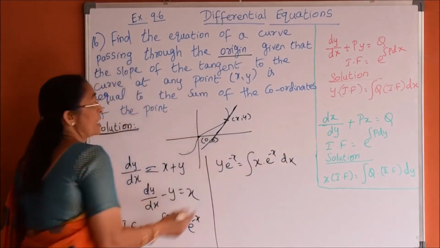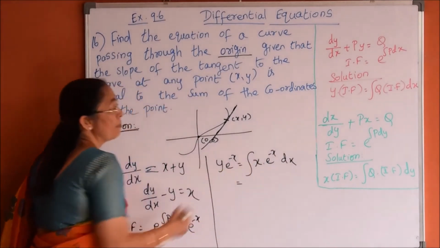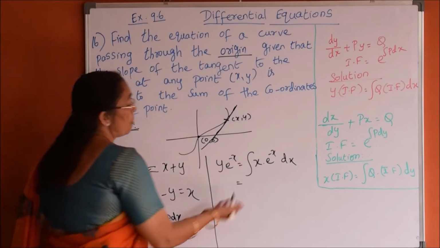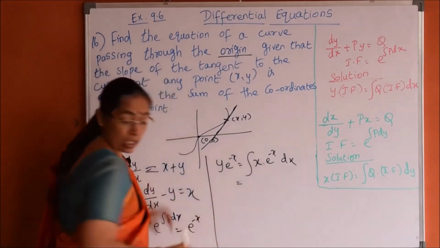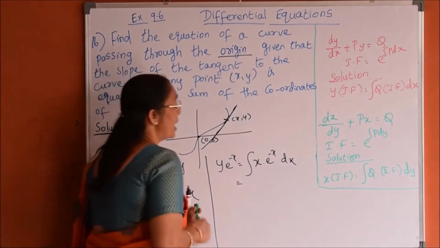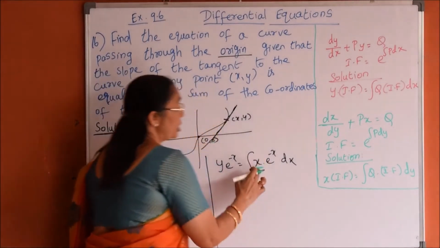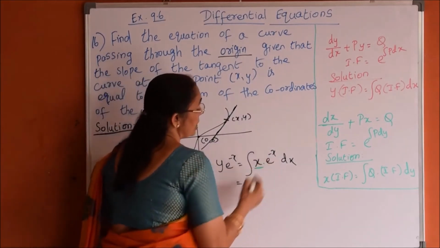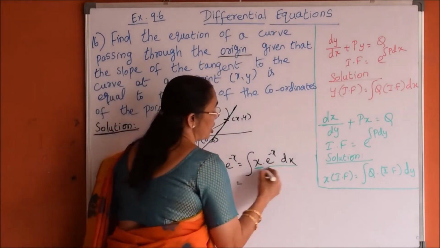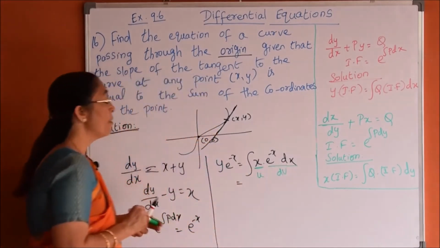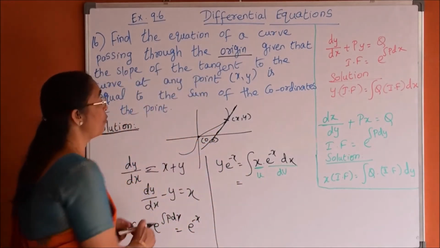Now let us solve this integration by the method of product rule, by parts method. So I can consider u as algebraic function, so u function is x, and e power minus x dx is dv. Now formula uv minus integration of v du.